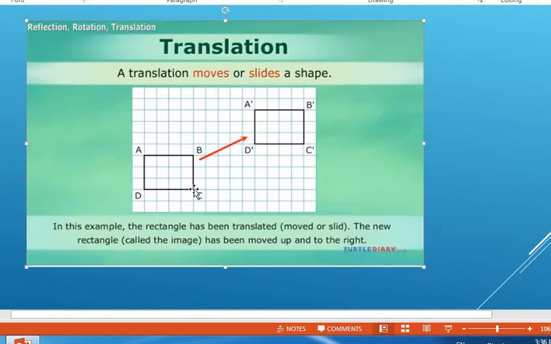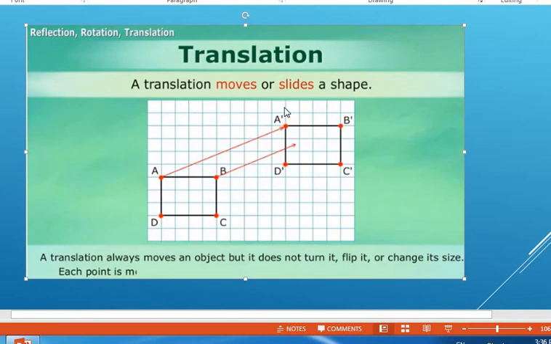A translation moves or slides the shape. A translation always moves an object, but it doesn't turn it, flip it, or change its size.